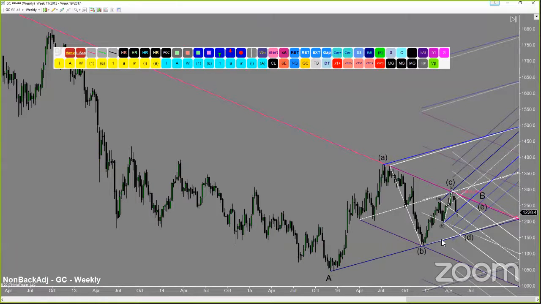But if and when we get down to this trend line here, let me mark that price for you. It's looking like about 1160, 1163 or so by the time we get there, which might happen next week or the week after.